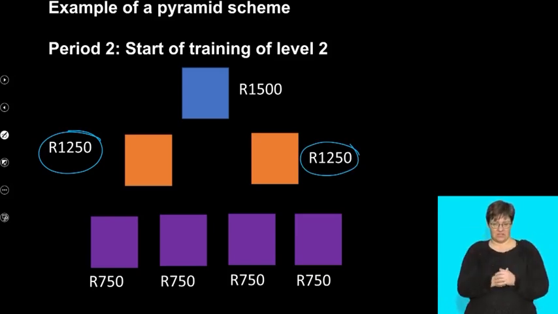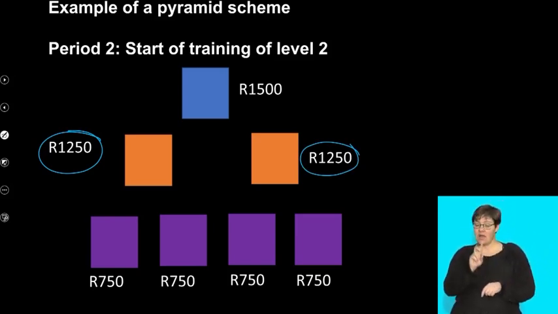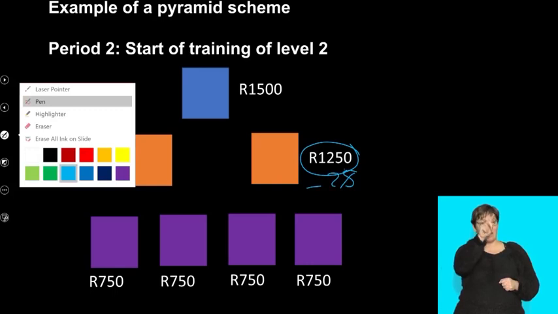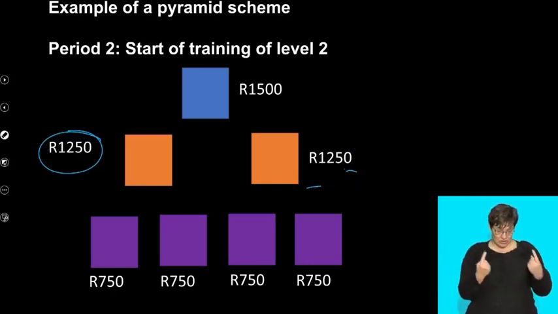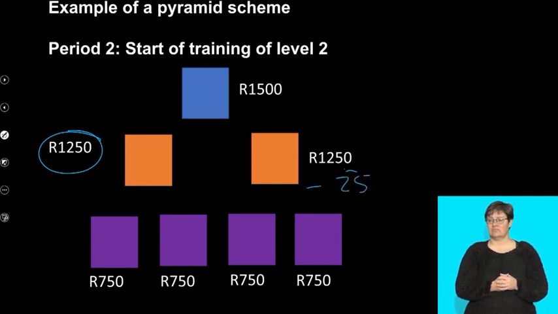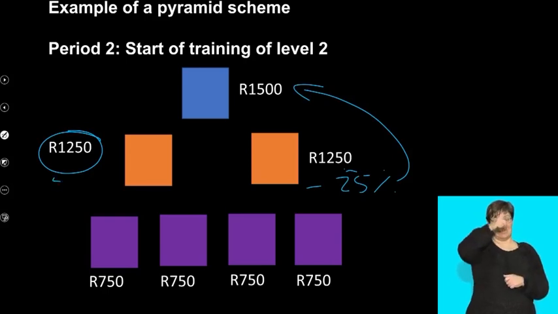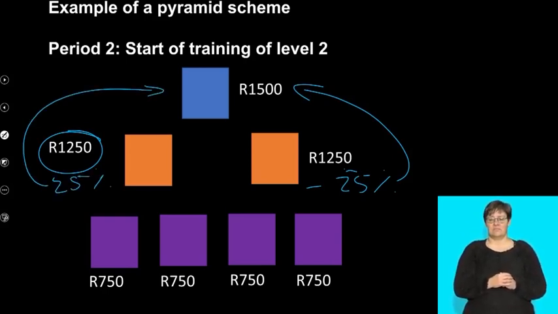What they now need to do with this amount is subtract 25% of it. Let me just rewrite this correctly. They need to subtract 25% of their amount and then give it to the initial recruiter.